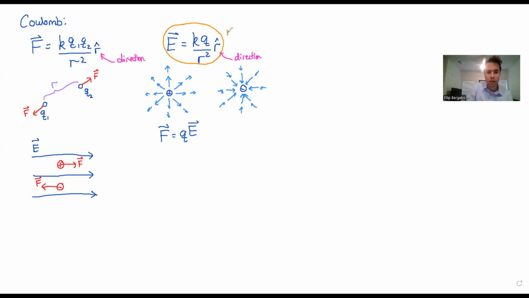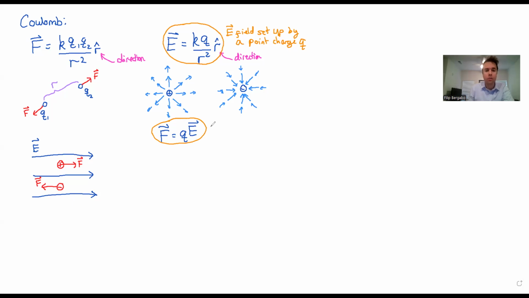This is the formula for electric field set up by a point charge. And by point charge, I mean a certain amount of charge located at a single point. And this formula, what this tells you is, so this is by a point charge Q up here.